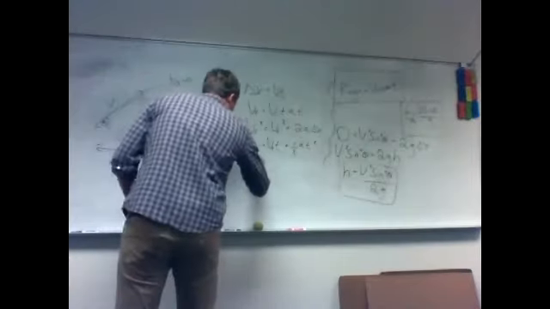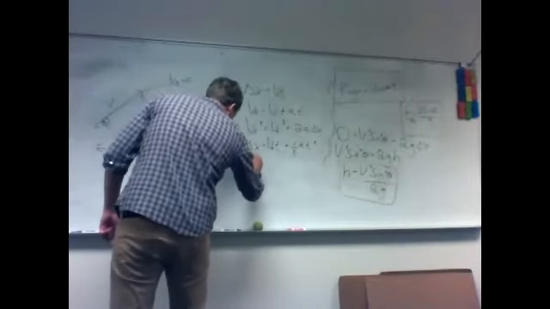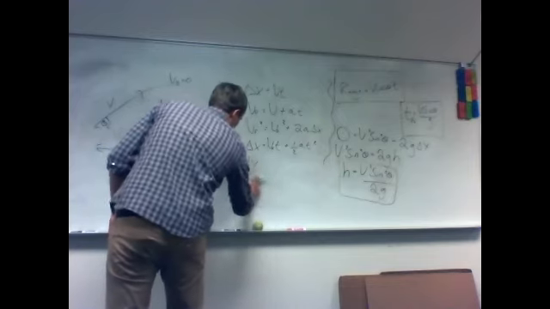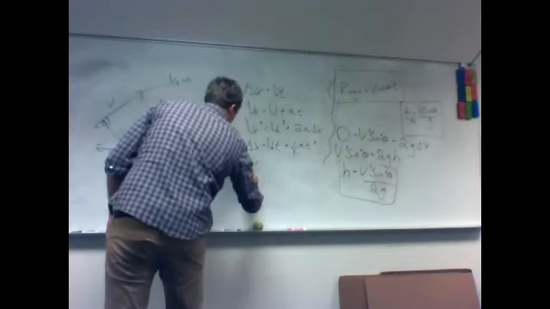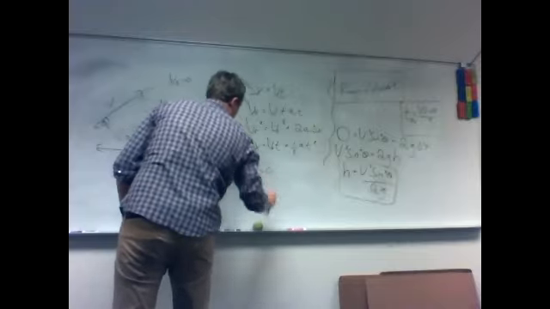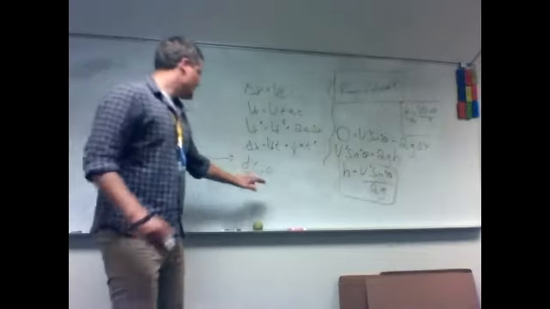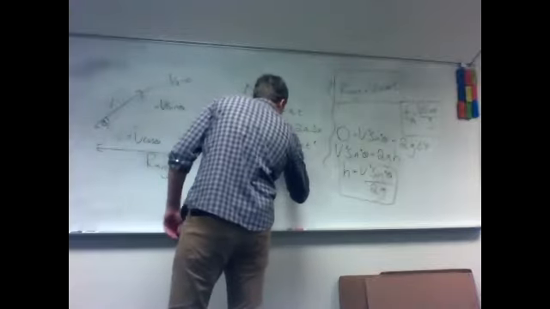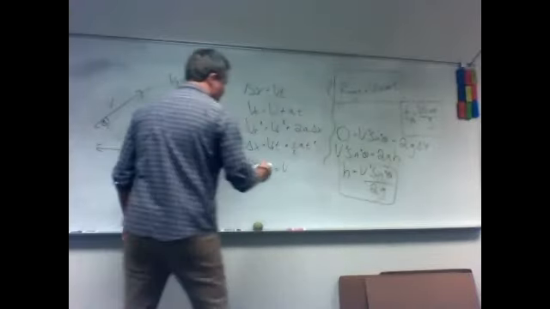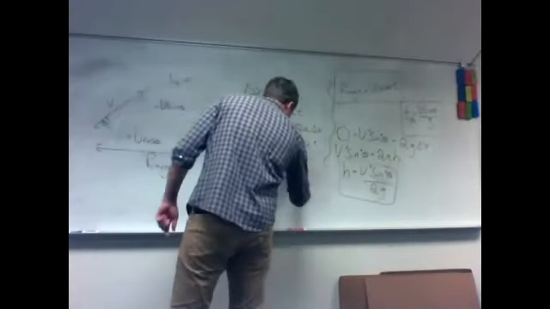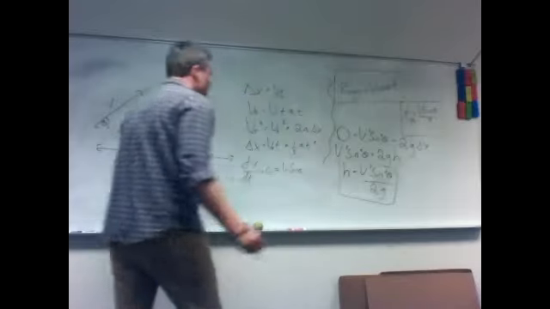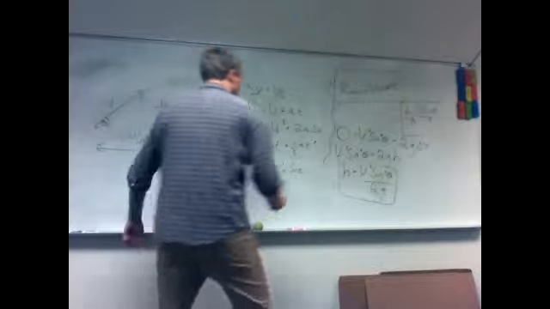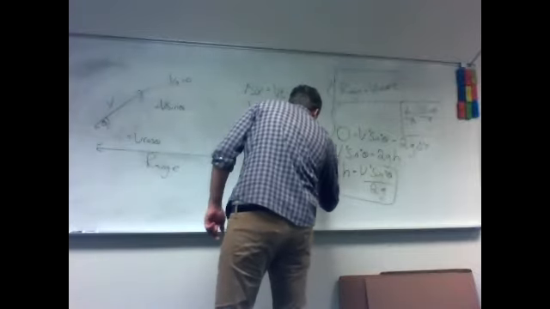So we could say, instead of x, remember I'm using y, so I'll just say dy over dt. Set that equal to 0. Okay, so therefore I'm left with v sine theta. If I take the derivative of this part right here, I'm left with just gt.